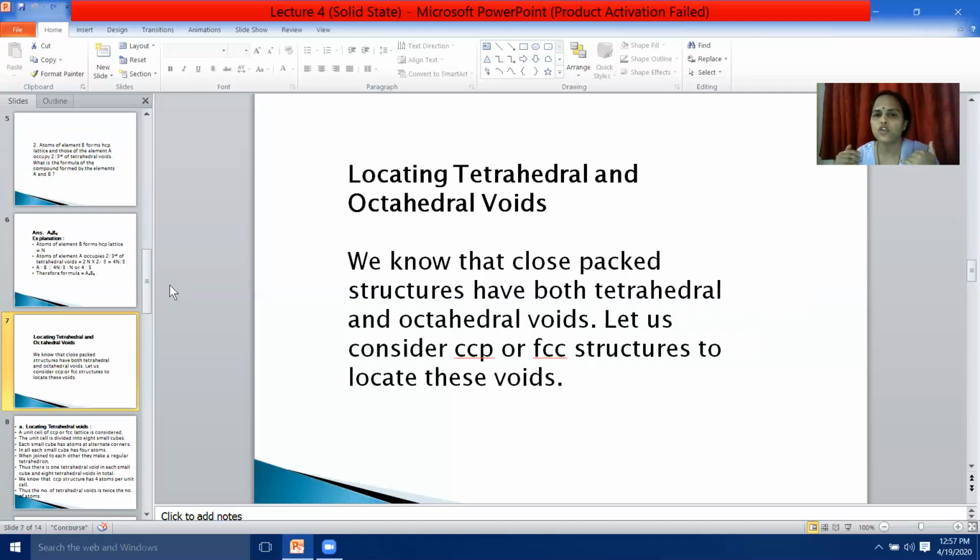So let us locate the tetrahedral and octahedral voids in closed pack structures. Let us consider CCP or FCC structures to locate these voids.